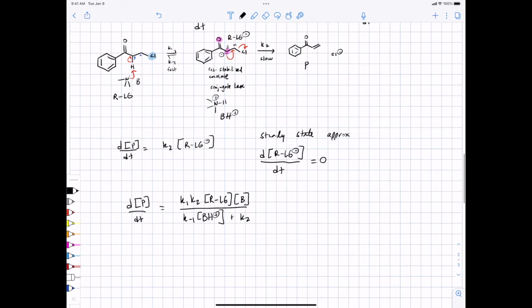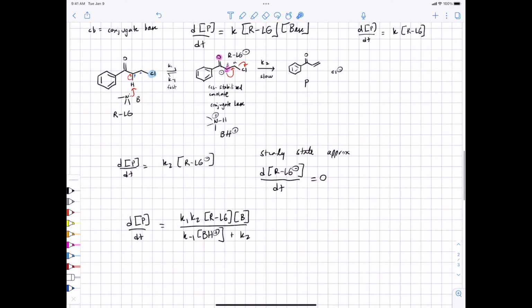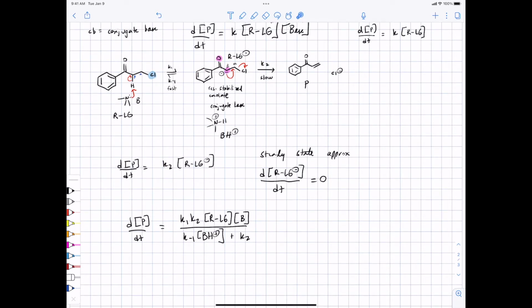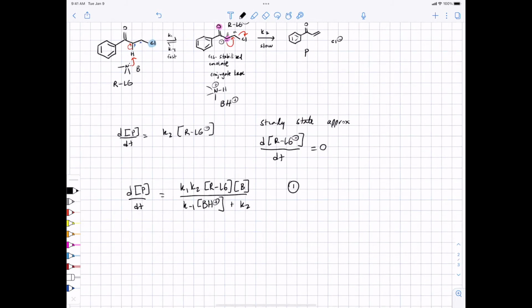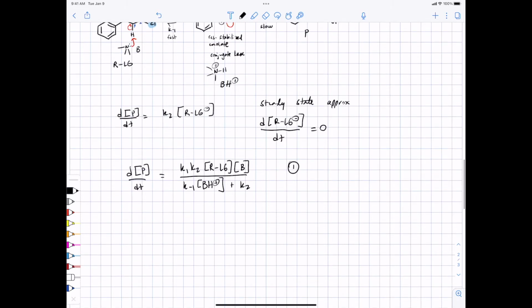Now let's see what kinds of kinetics we might observe under different situations. So example 1 is, let's suppose that K1 is fast and K minus 1 is also fast, and that K minus 1 is greater than K2.